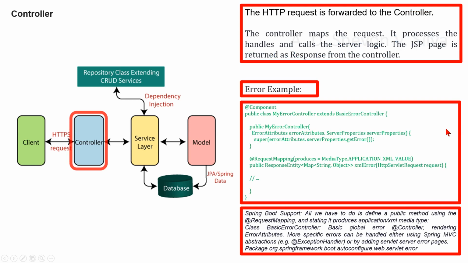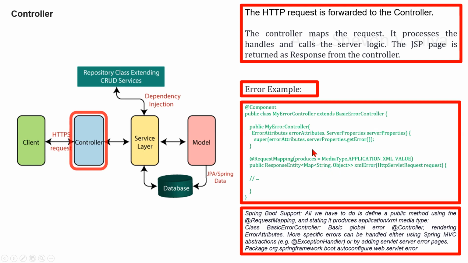Here we are considering an error example in Spring Boot with Spring Boot support. What we are doing is defining a public method using the @RequestMapping and stating it produces an application/XML media type.